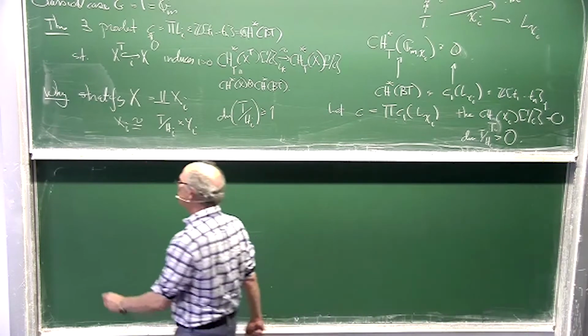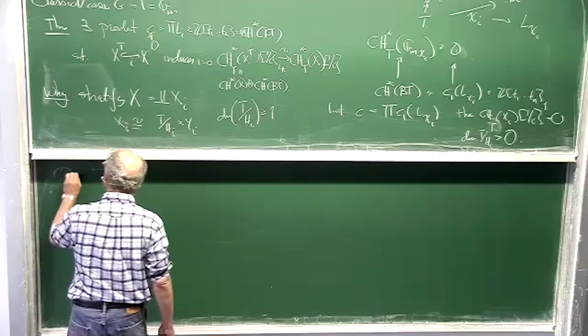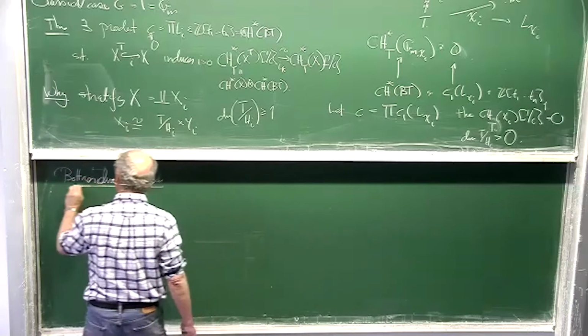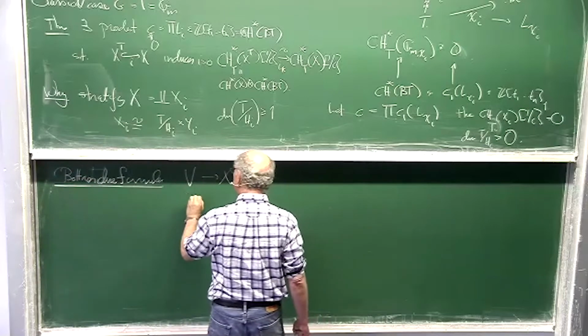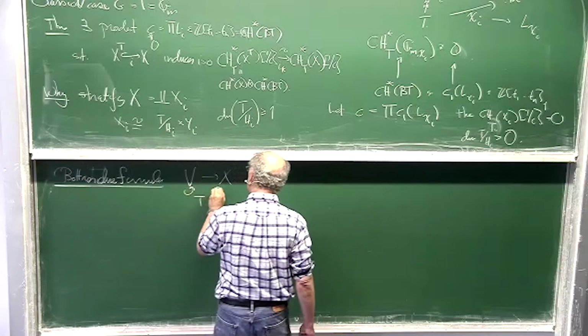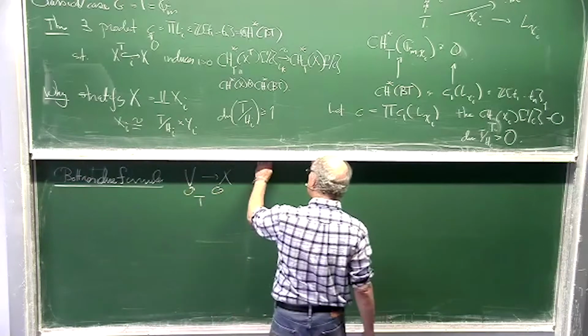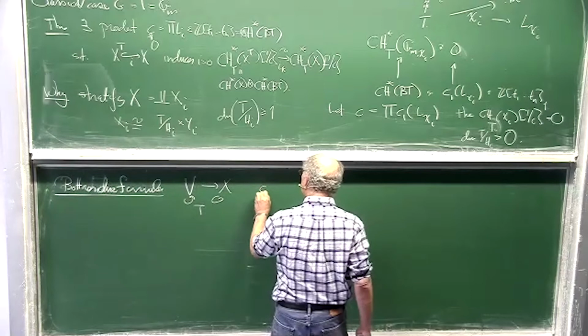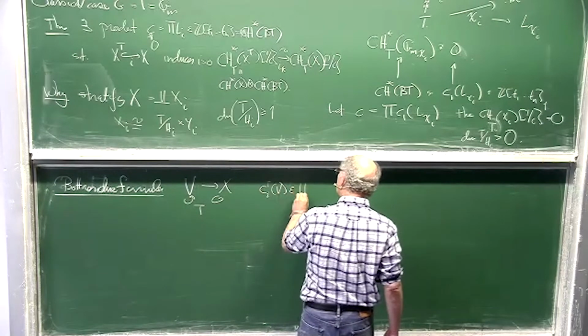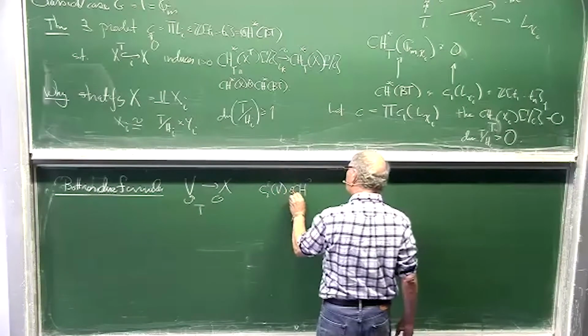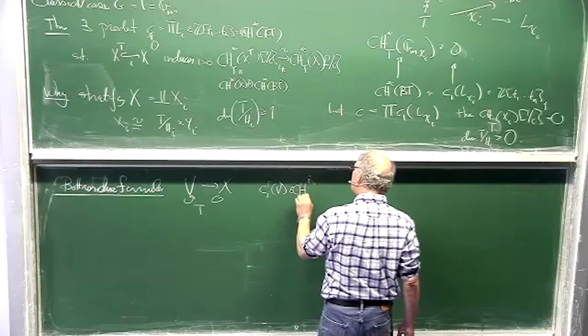Okay, so now the second part is the Bott residue formula. So suppose you have some T vector bundle on your X, and then you want to compute the T-equivariant Chern classes of V. This will live in H in T-i.